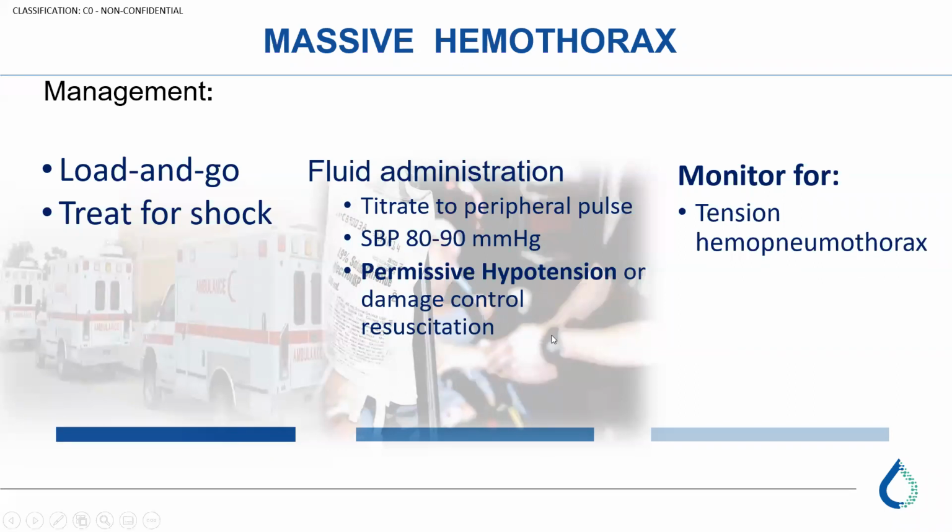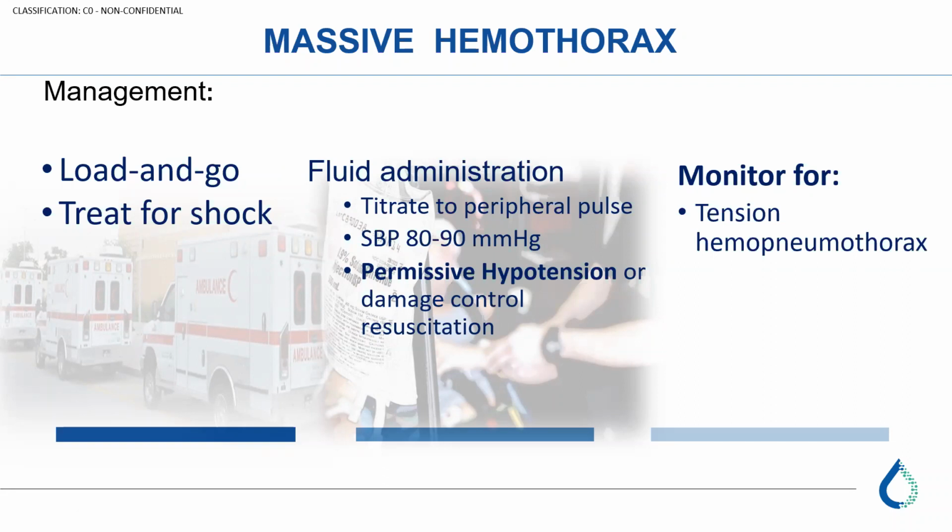Permissive hypotension refers to managing a trauma patient by restricting the amount of resuscitation fluid and maintaining blood pressure at a lower normal. So what are the adverse effects of putting too much fluid, especially in massive hemothorax, which is uncontrollable bleeding?